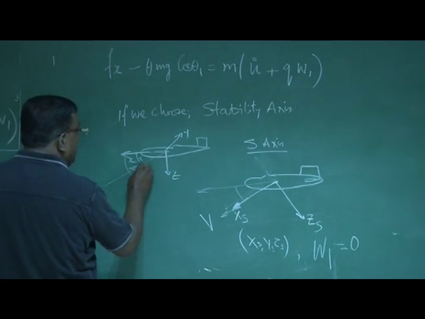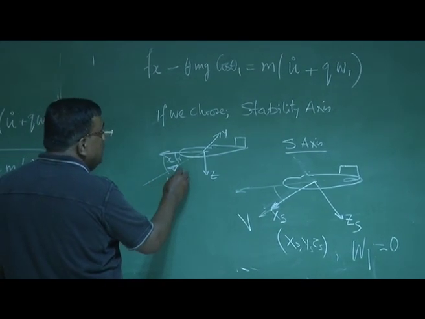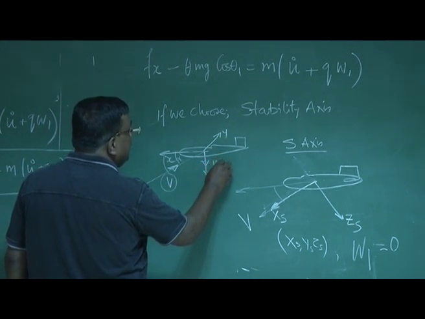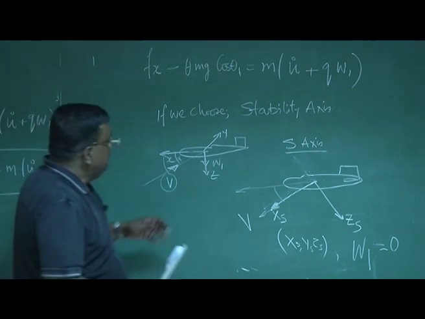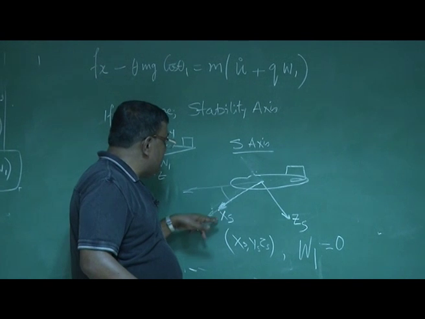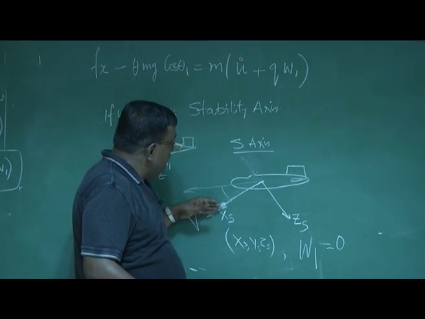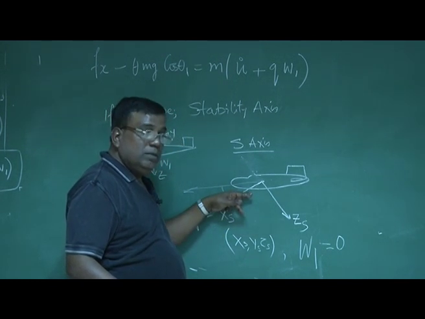When this was the velocity vector and it was not a stability axis system, there will be a component of V along W1 or along Z, which is W1 as per our notation, the component of velocity along Z direction, body fixed Z direction. But the moment I put the axis system in such a way that the x-axis is along the velocity vector direction, then this velocity cannot have any component along z direction because they are perpendicular.